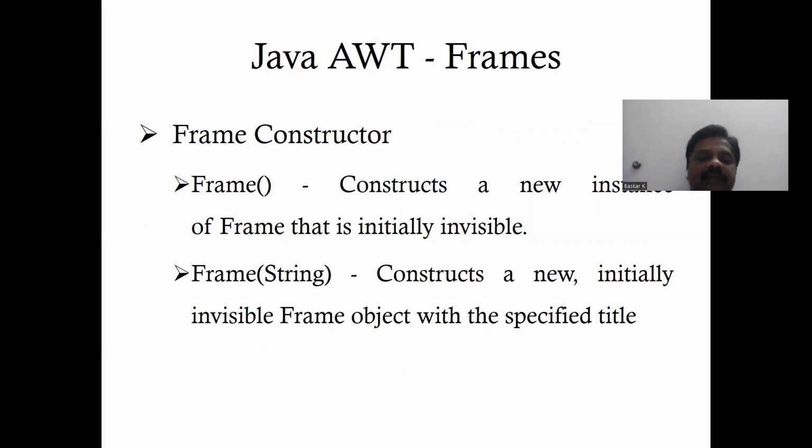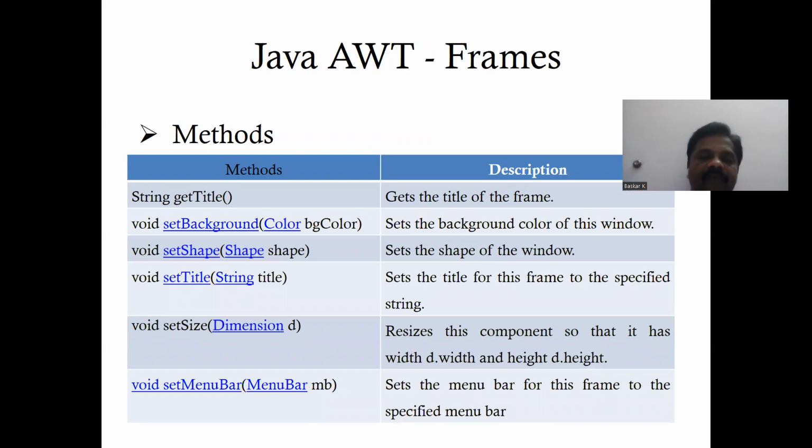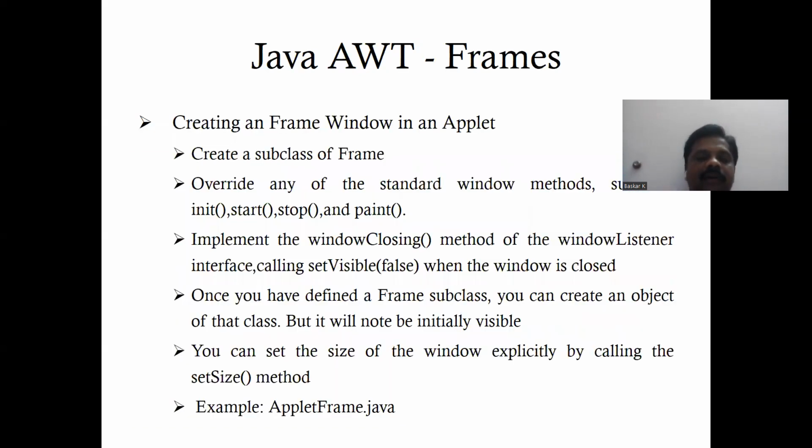Frame constructor: Frame() constructs a new instance of frame that is initially invisible. Frame(String) constructs a new initially invisible frame object with the specified title. In frames, we have some methods like String getTitle, void setBackground, void setShape, void setTitle, void setSize, void setMenuBar, and these are some of the methods of frames.